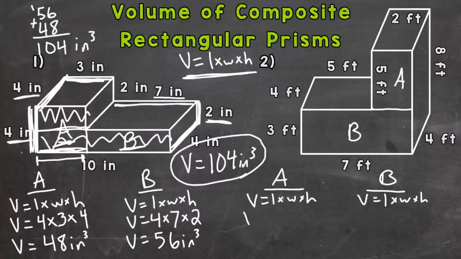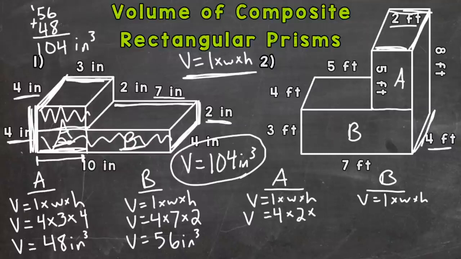So for A, we need to take a look at length. How far back does A go? Well, the whole shape, the whole rectangular prism, goes back 4 feet. So we're going to use this 4 for the length. A, how wide? Well, we could look up top here and see 2 feet.